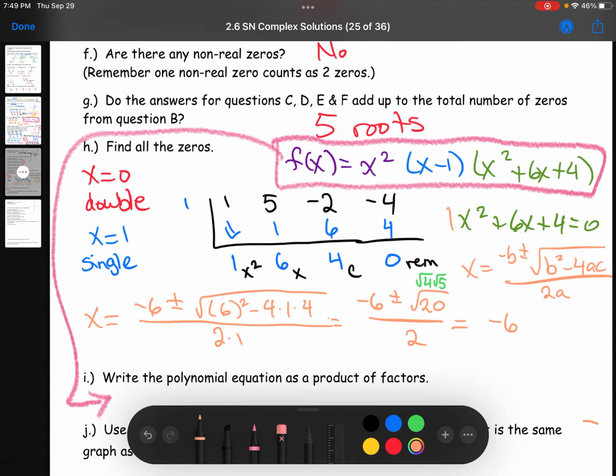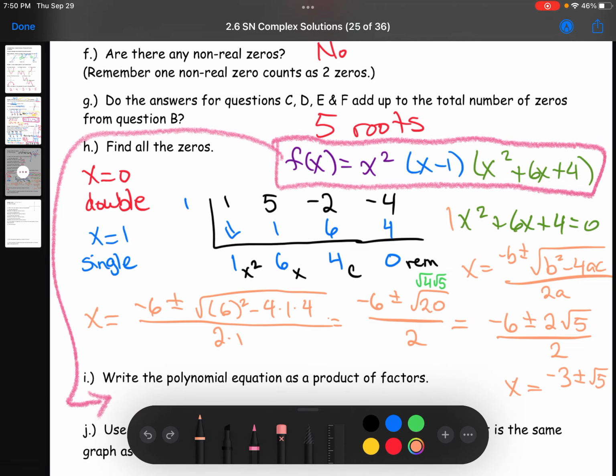So when we simplify that, we get negative 6 plus or minus 2 square root of 5 all over 2. Now, every one of those coefficients can divide by 2, so we simplify one more time. That's negative 3 plus or minus square root 5 all over 1, which we don't actually need. We divided out that 2.